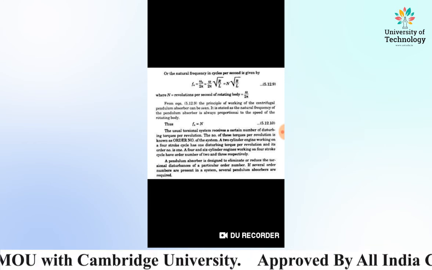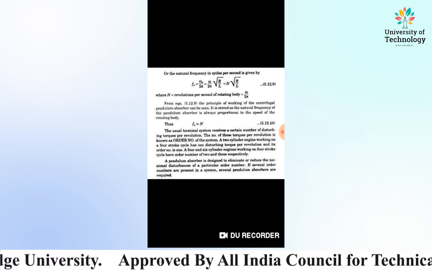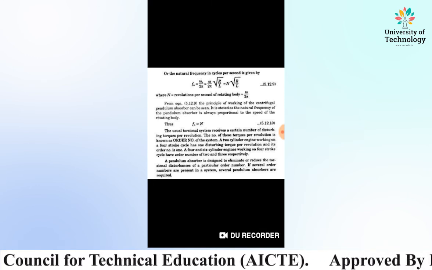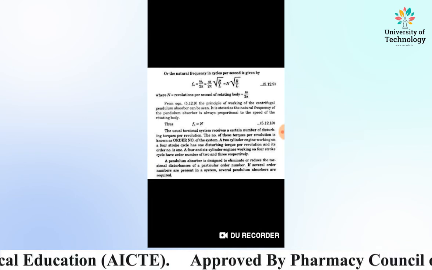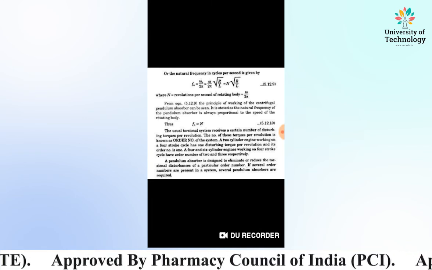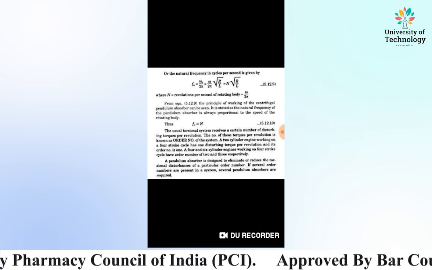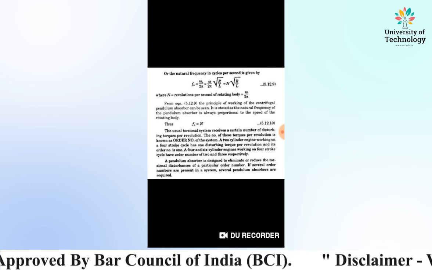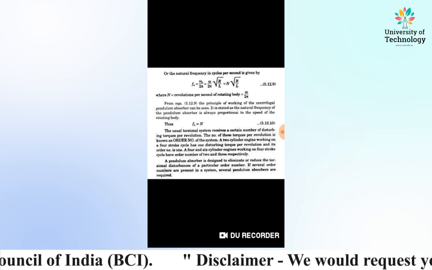Then we can say that fn is directly proportional to capital N. If we remove the proportional sign, then we get a constant that is equal to root capital R by L.